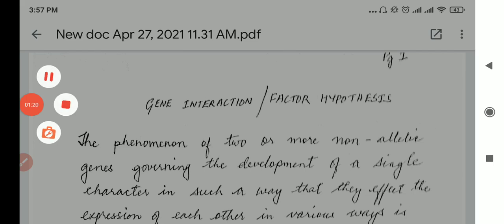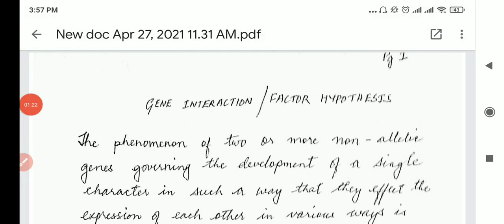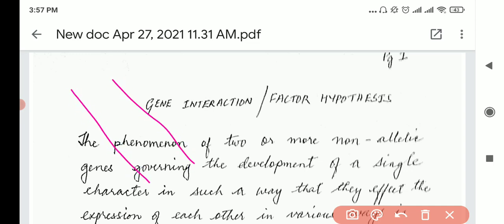So when we say gene interaction, you remember I talked to you about alleles, no? Alleles, they are a pair of genes that are in the same homologous chromosome. So this one is homologous with this other gene, okay? And they are located in the same locus.